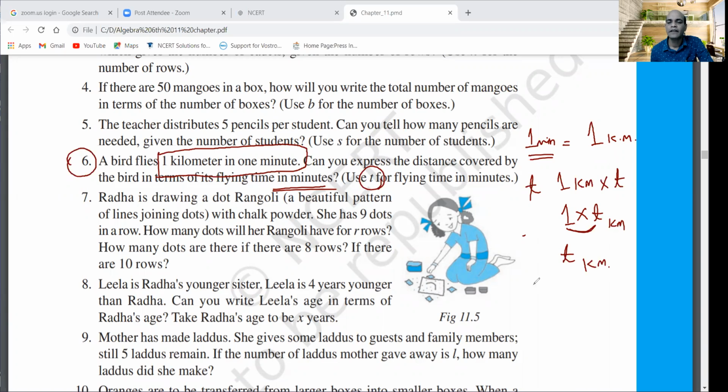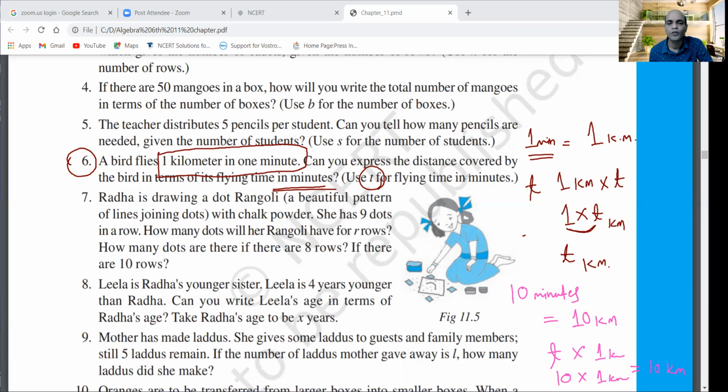Let us take 10 minutes. If we give 10 minutes to the bird, how much can it fly? Here t is 10. So t multiplied by 1 kilometer, t is 10 multiplied by 1 kilometer, so it is 10 kilometers.